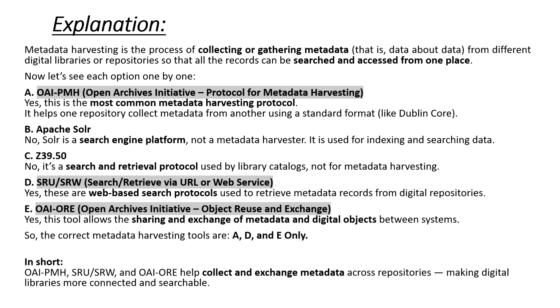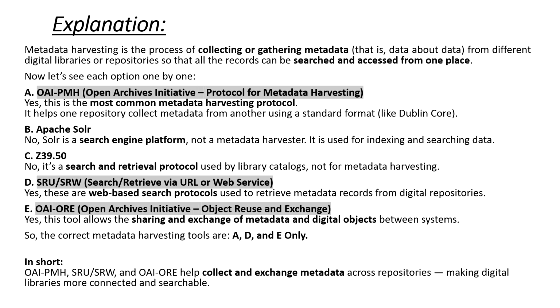Next is Z39.50. It is a search and retrieval protocol used by library catalogs, not for metadata harvesting. Next is SRU/SRW. Stands for Search and Retrieval via URL or Web Service. These are web-based search protocols used to retrieve metadata records from digital repositories.